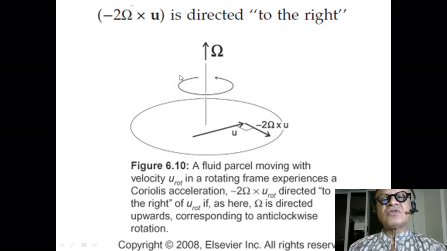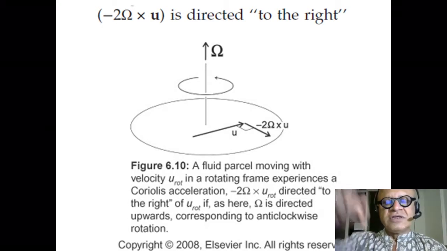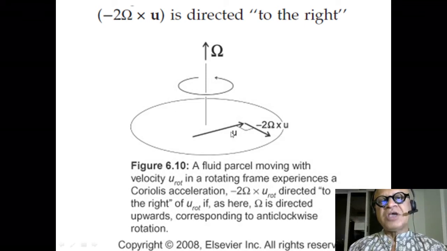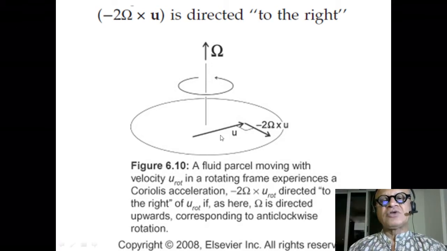So when the rotation is counterclockwise, like the Earth from the North Pole going west to east, the deviation because of the rotational effect is to the right of the direction of motion. To the right of the direction of motion. I have a podcast on this on YouTube. You can go and check it out with the animation and so on as to how this comes about.